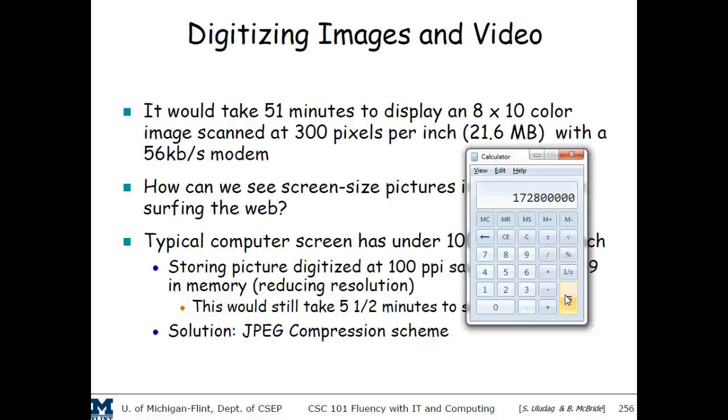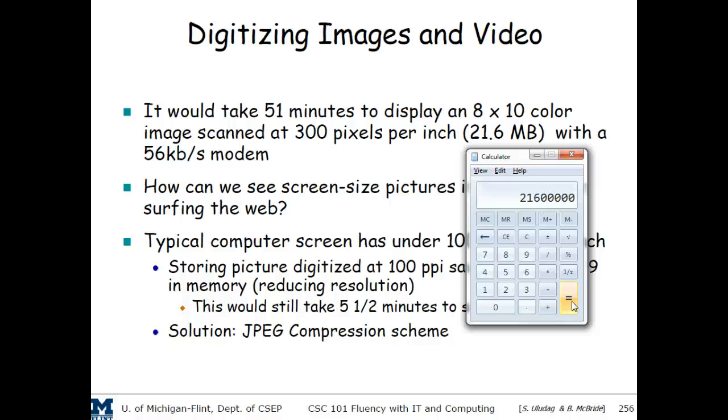Next, what I want to do is divide it by 8 so that we can figure out how many bytes it takes to store this. And it comes back at 21,600,000 or 21.6 megabytes to store this one image.